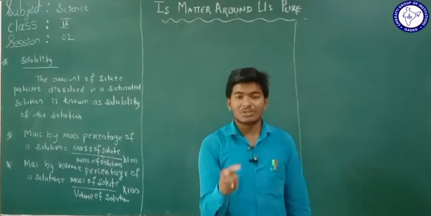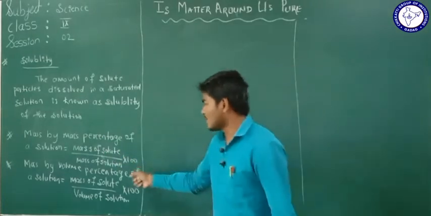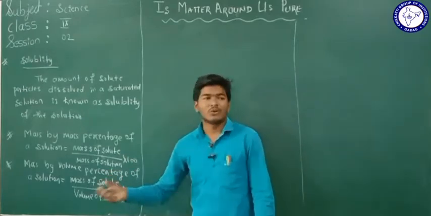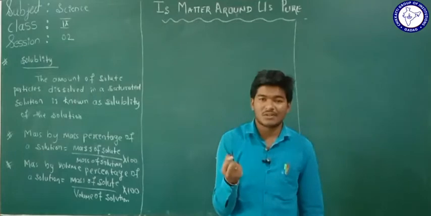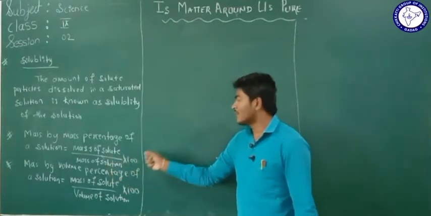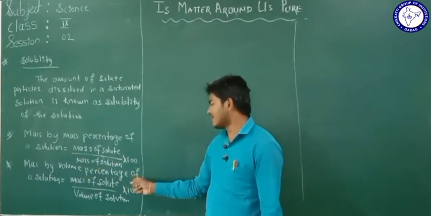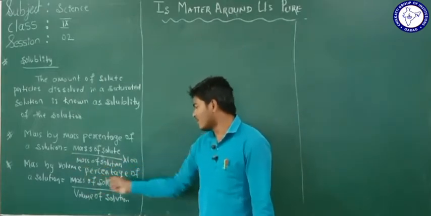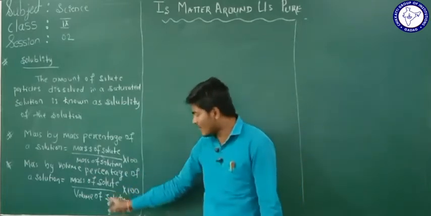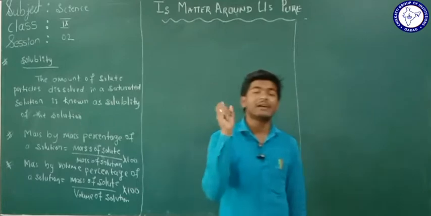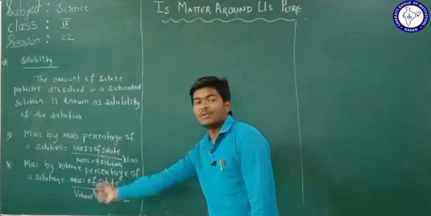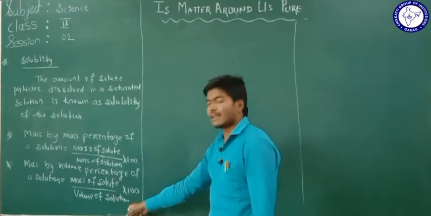If in the question they give the mass of the solute and the volume of the solution, then we use the mass by volume formula to calculate the concentration of a solution. You have to remember, have you understood? Mass by volume percentage of the solution is equal to mass of solute divided by volume of solution into 100.